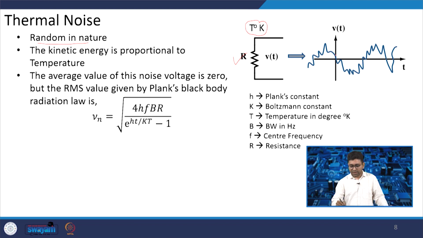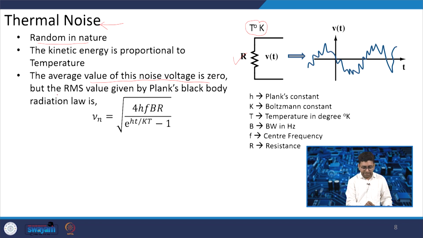Due to this random process you have noise, and that noise is thermal noise, because of the thermal effect this is happening. The average value of this noise voltage is 0.